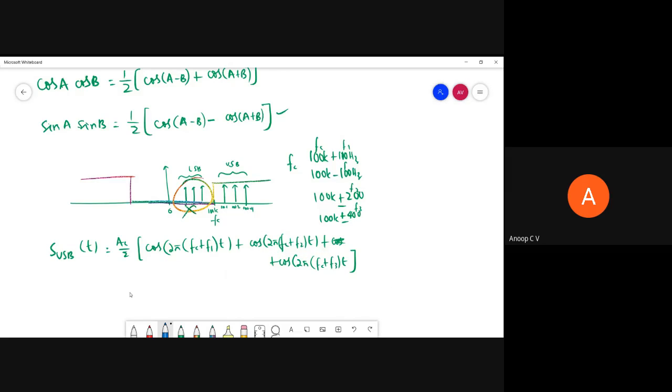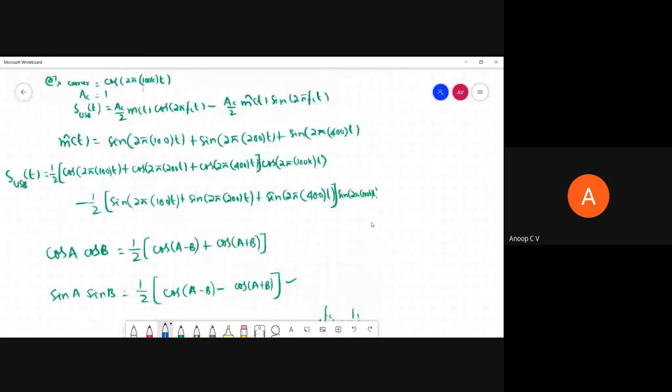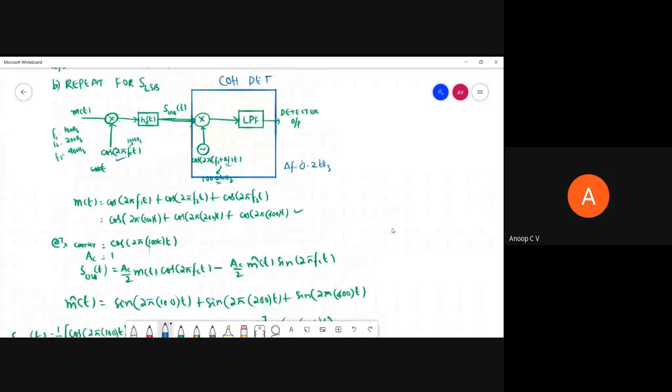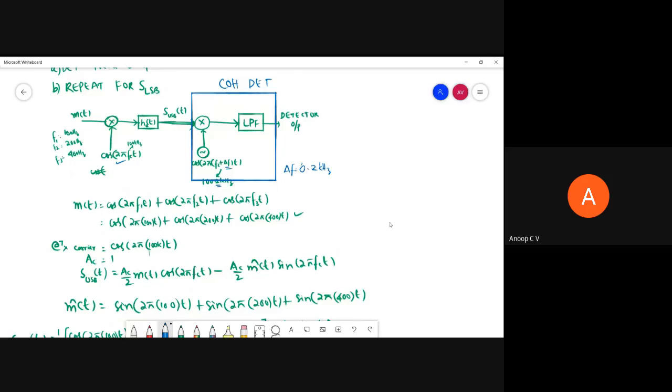Then what you should do is, the first part of the coherent detector output, you should multiply it with cos 2 pi (fc plus delta f) t. You can call this output v of t.